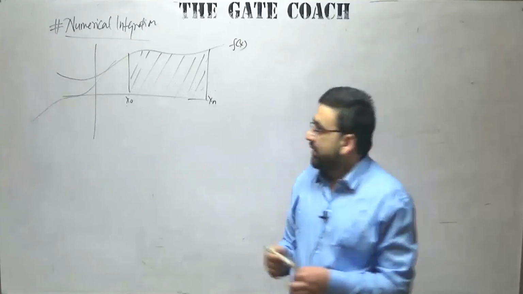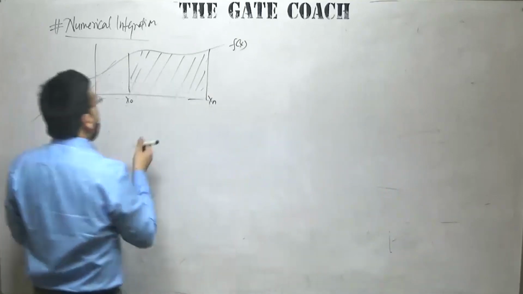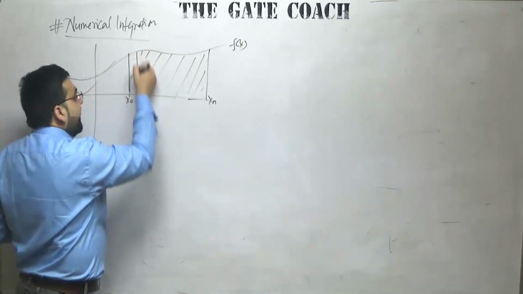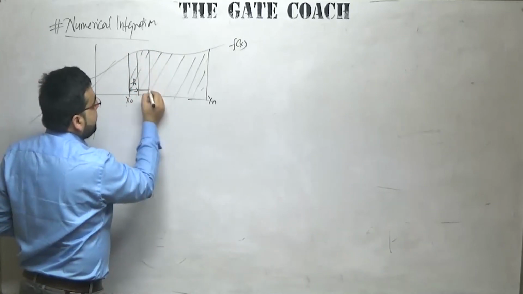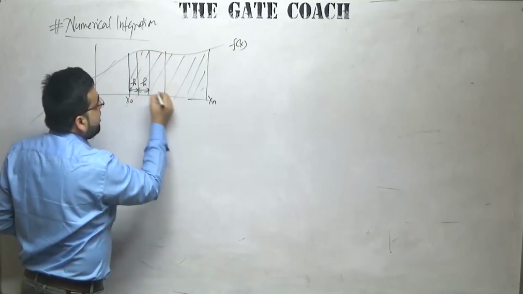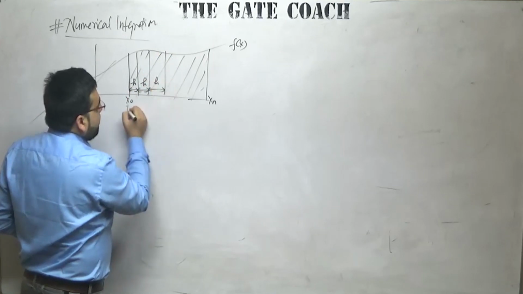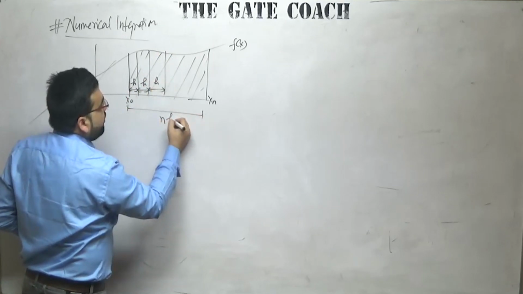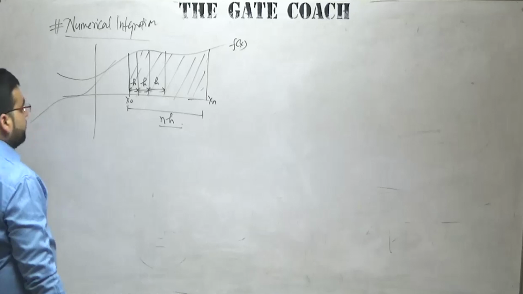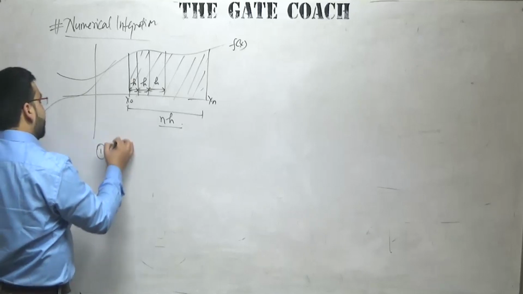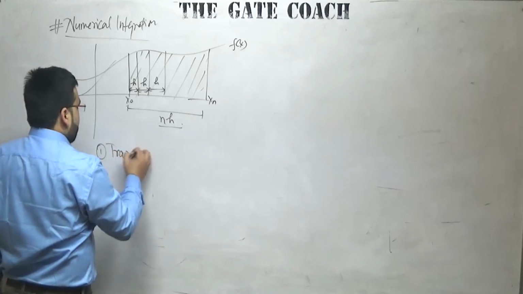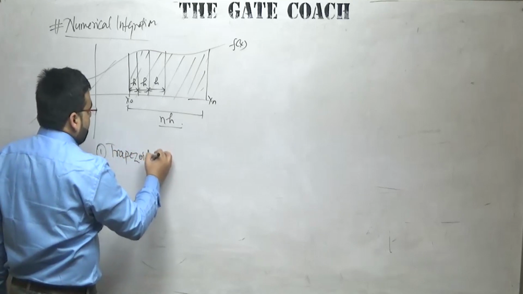Generally, what we do is divide this area into small strips of width h. Let us say this is also h, this is also h, this is also h. So this whole thing will be equal to nh. Clear? So we have a lot of rules. The first rule is called the trapezoidal rule.